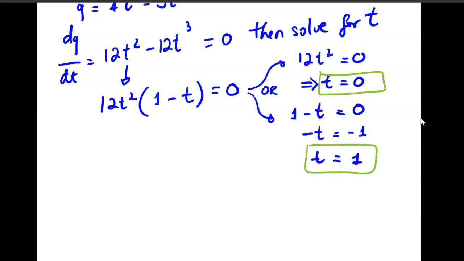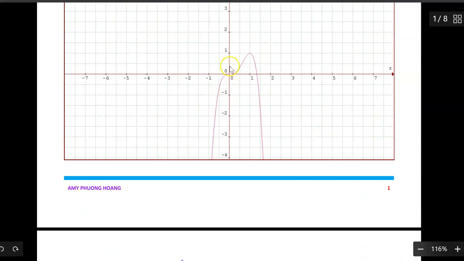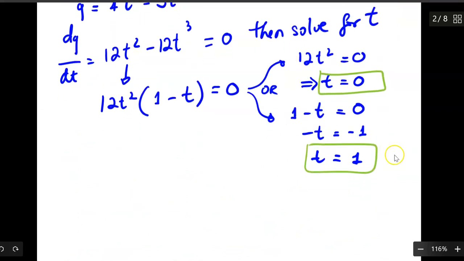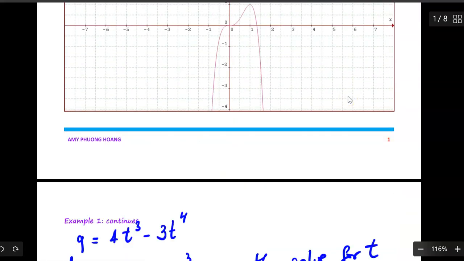Okay, so if you end up with a negative value for t, then you may want to take a look at the graph to see if it's a real value or not. All right, so then what I have to do next is substitute the solution into the original equation.